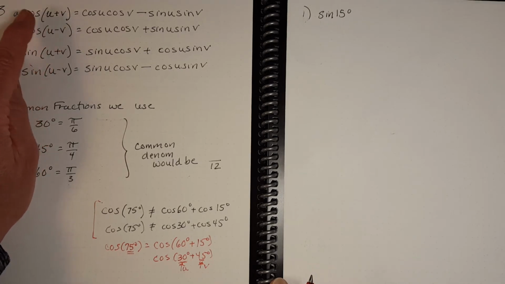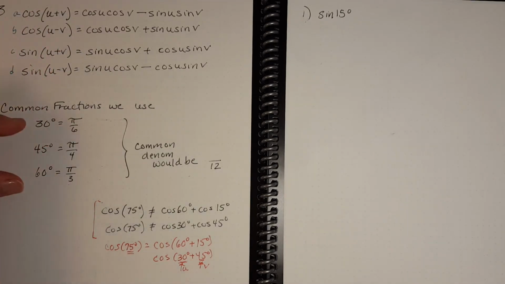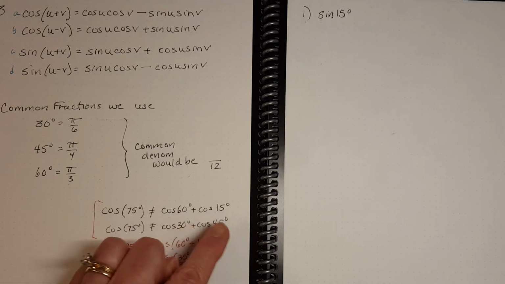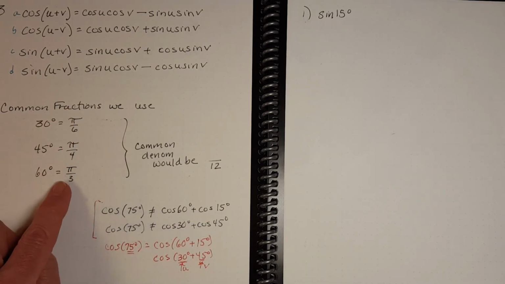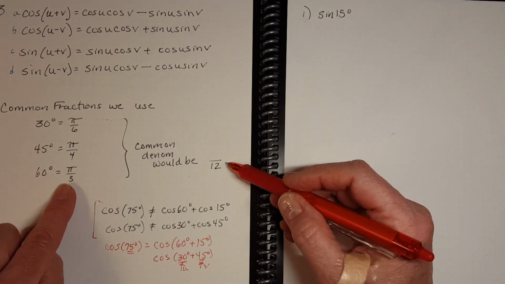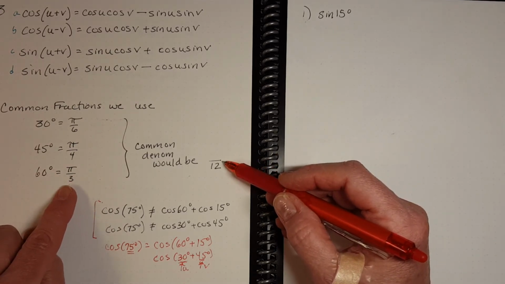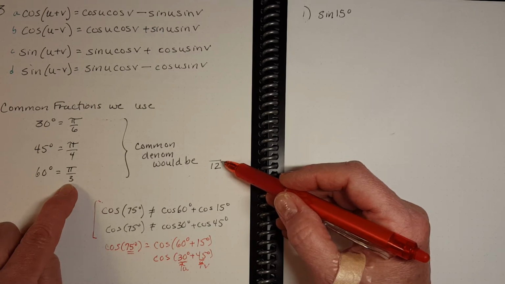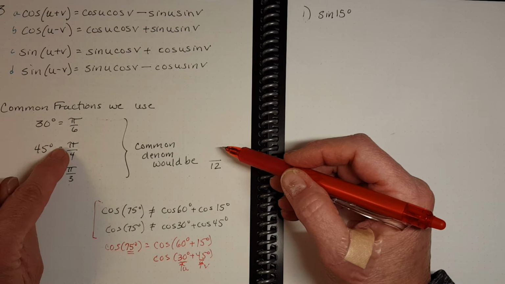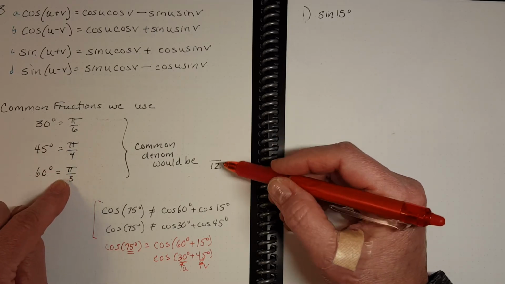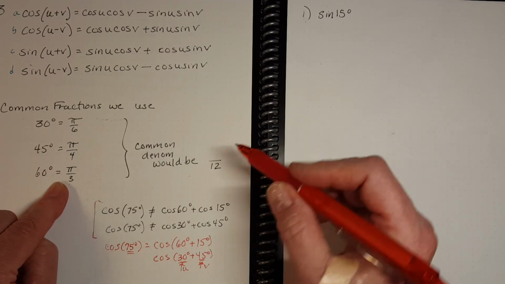Now I do want to point out that when we get to radians, it's pretty easy to say 60 plus 15 is 75, but a lot of times we're going to need to get a common denominator. I just want to remind us that we did this at the beginning when we first started sine and cosine: all of the radians of the special angles on our unit circle have a common denominator of 12.